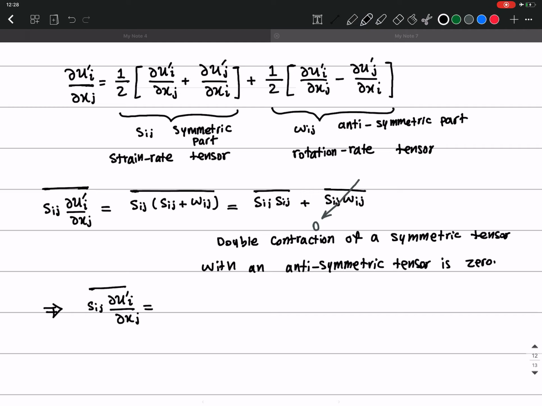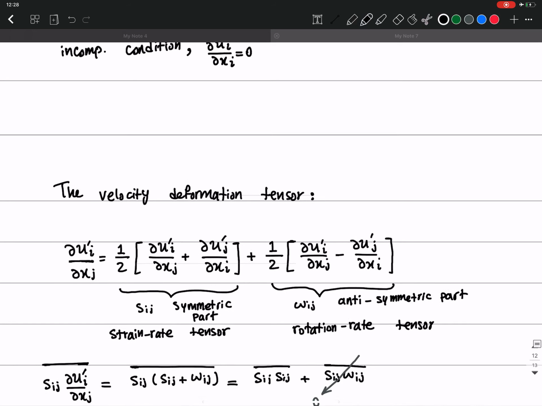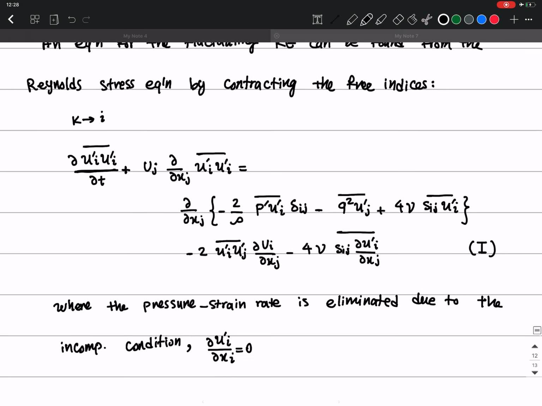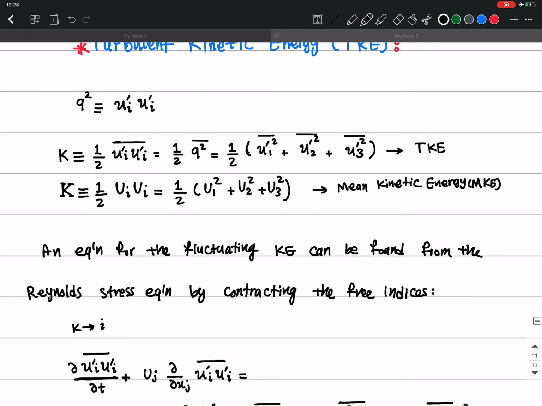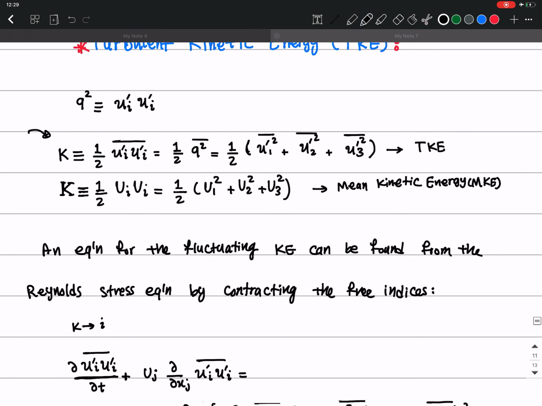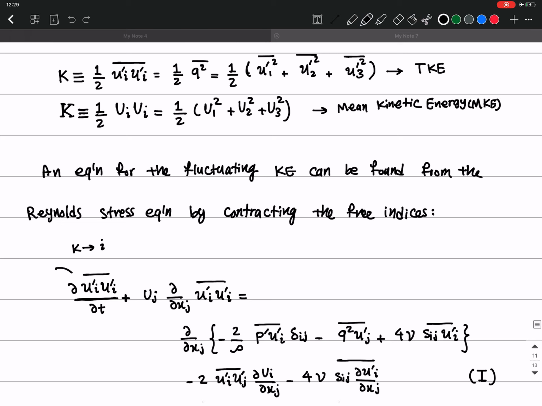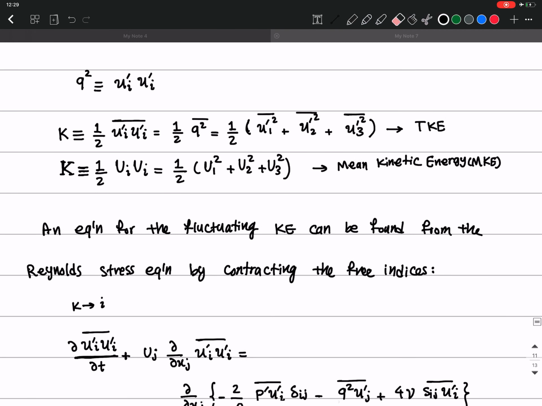This equals to just simply Sij Sij bar. Okay, so this is just one simplification, and I want to get an equation for TKE, which is going to be 1/2 of this, right? 1/2 of this equation that we got. This is just a definition of TKE, how we define it. The turbulent kinetic energy is just 1/2 of that.